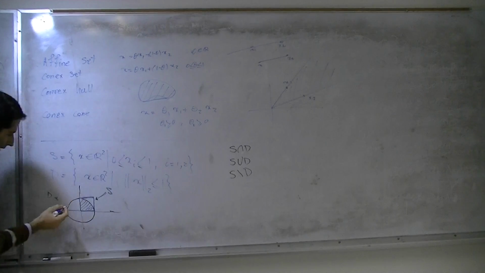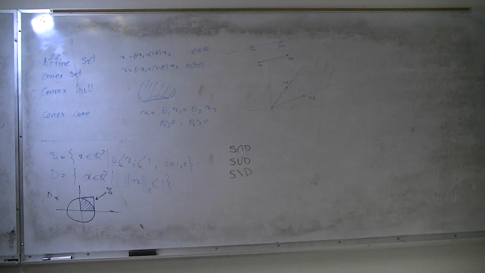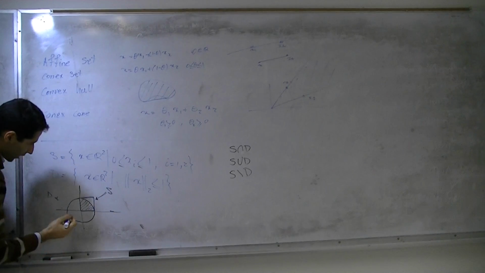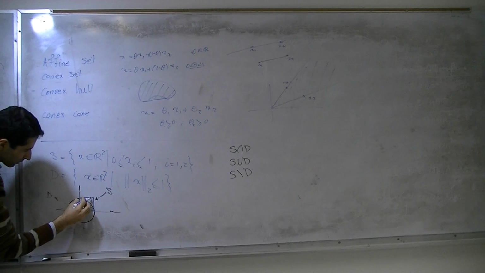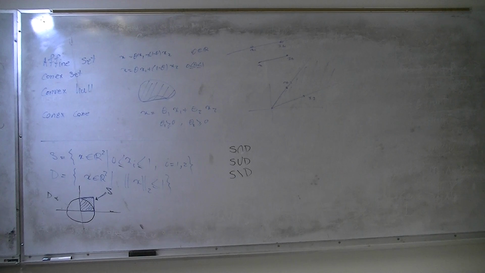The union of S and D is all this shape, and it is convex. S minus D is this area, which is not convex.